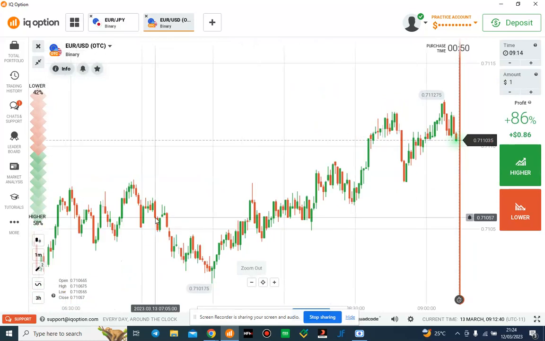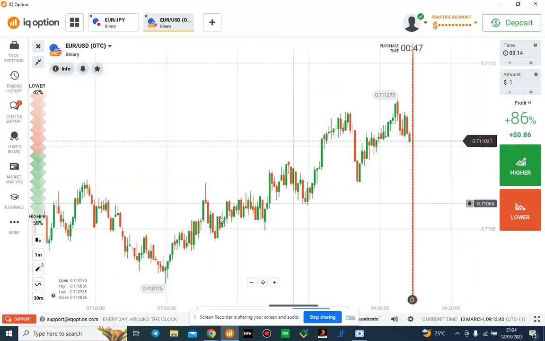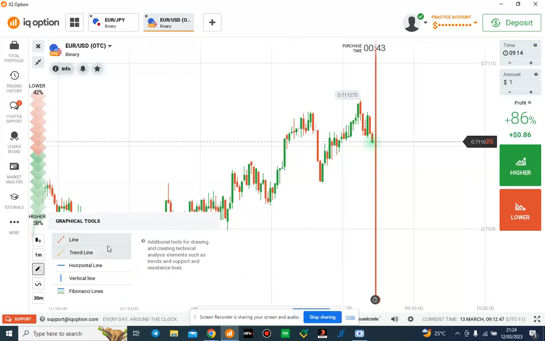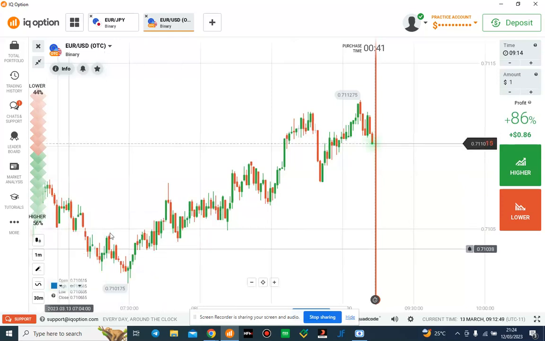So according to the price movement, the market is bullish. The market is trendy, and if the market is trendy, you make use of the trend line.